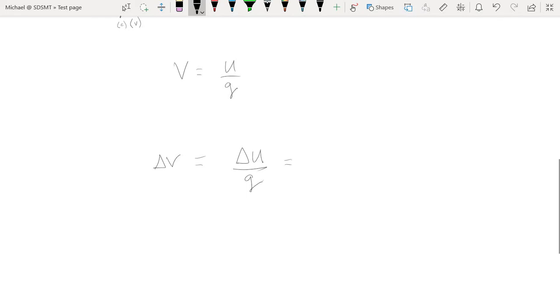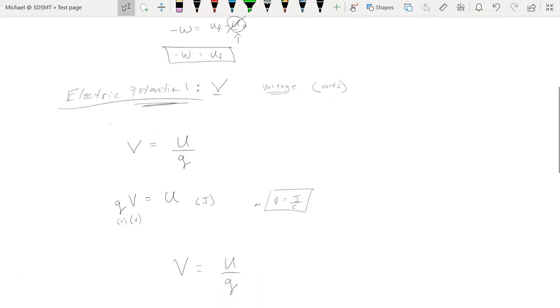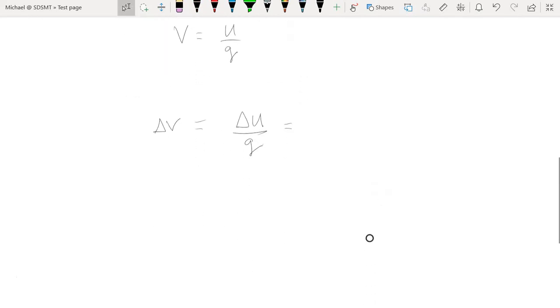The change in our potential energy up above, we said that that was negative the amount of work done. But since we're dividing the change in potential by Q, we have to divide by Q on this side as well. And now we can write V final minus V initial equals negative work over Q.